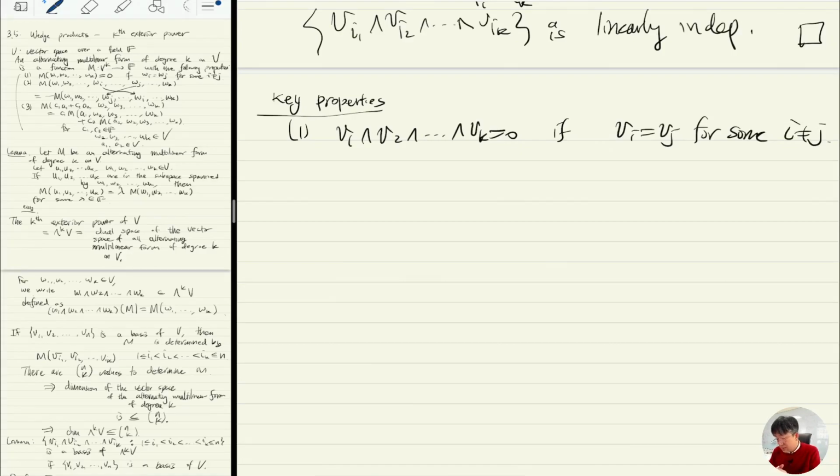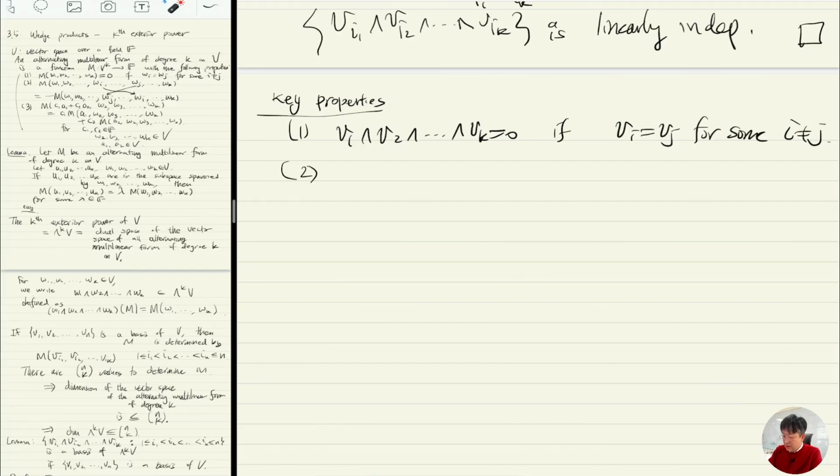Why? If you want to see why this is true, you can evaluate any alternating multilinear form with v1 up to vk. And if two of the vectors are the same, then the alternating multilinear form will give you the value 0. So even if you replace it with the 0 elements of this dual space, you still have the same thing, right? So this property is implied by these definitions, the first part.